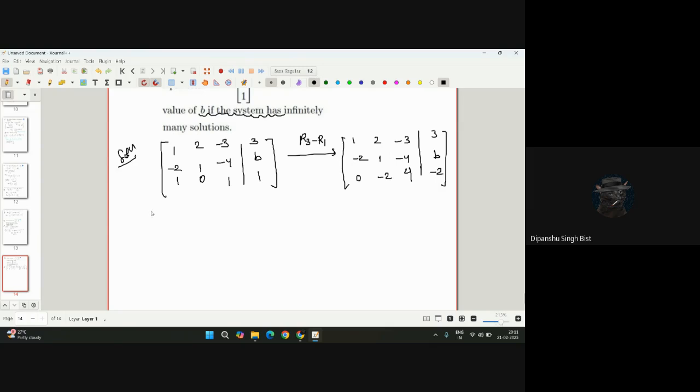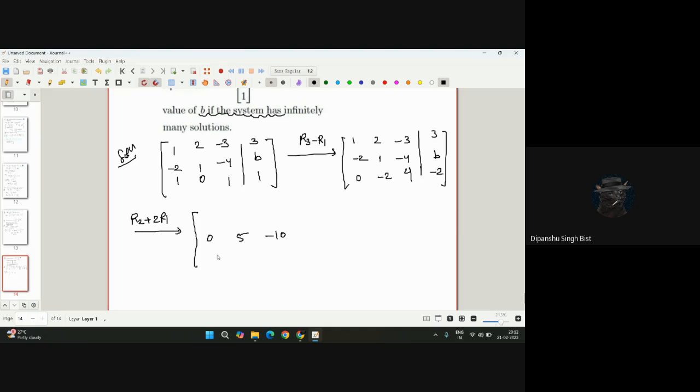So now let's try to do something like R2 plus 2R1 maybe. So 2 times R1, this will make it 0, this will make it 5, and this will make it, oh sorry, minus 6, minus 4, minus 10. Okay.